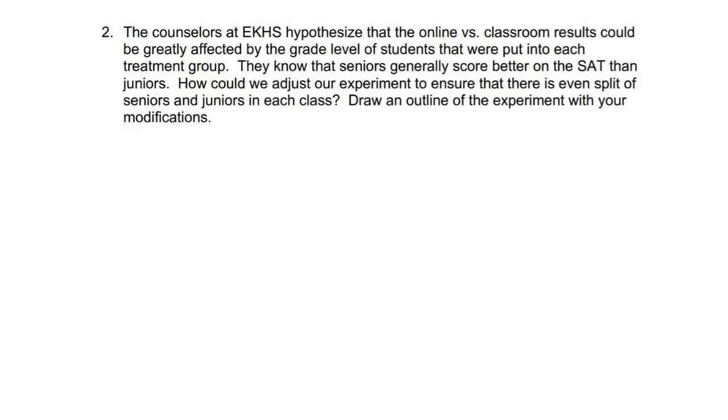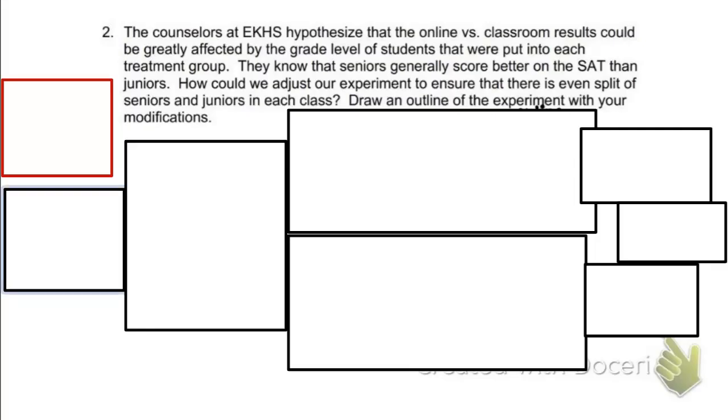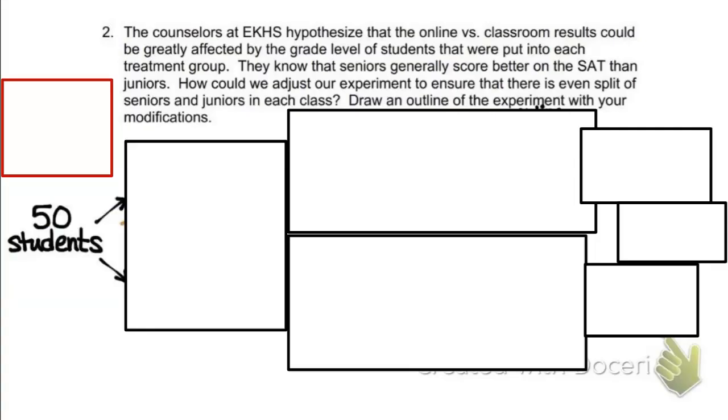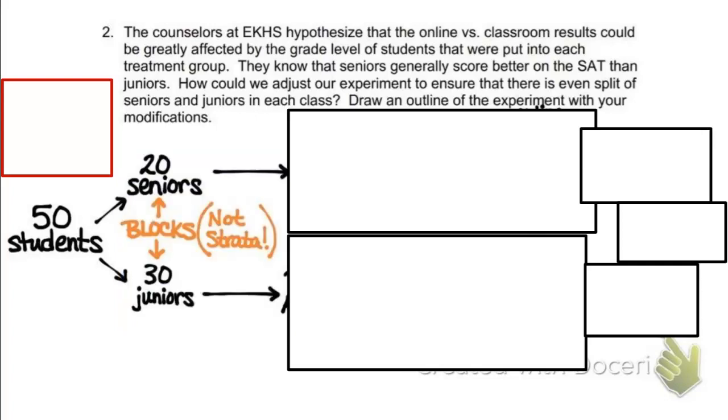So here's what my outline for this looks like. I start off with my 50 students, and I begin by separating them into what we call blocks. This is not stratified sampling, but it feels a lot like it.